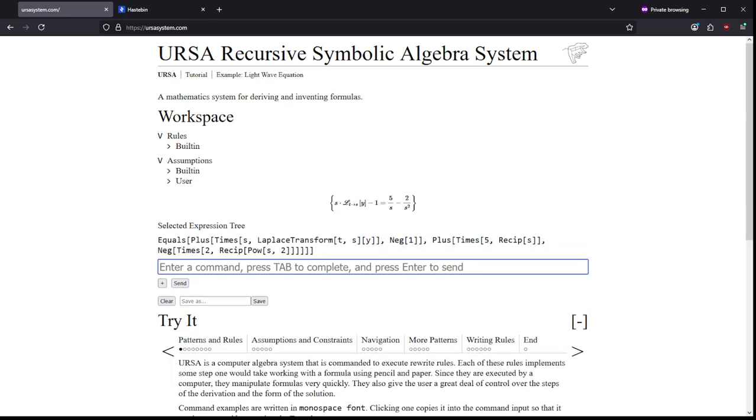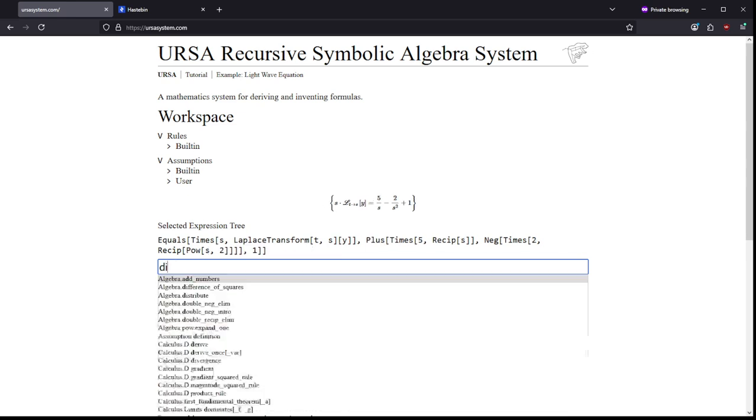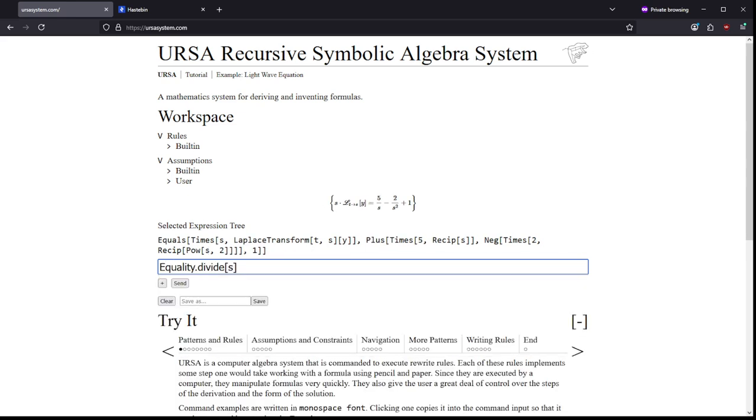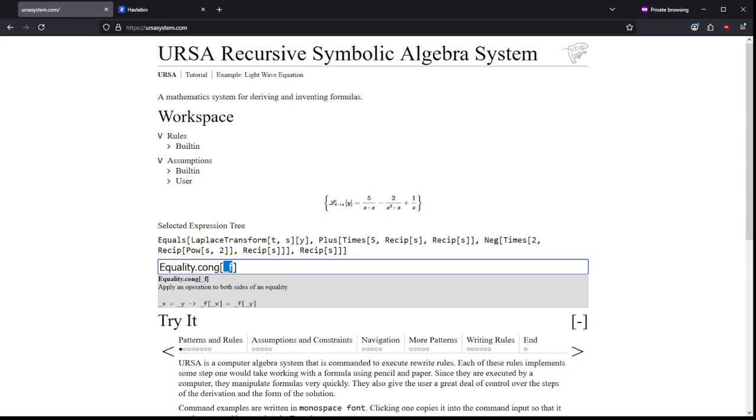So now the next thing that we want to do is isolate the Laplace transform of y on the left-hand side. So I'm going to add 1 to both sides of this equation and simplify it, and then divide both sides of the equation by s and simplify it. And now we just need to take the inverse Laplace transform, which we can also do with the cong rule.